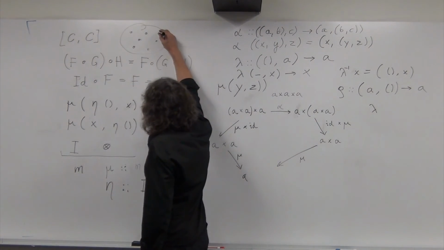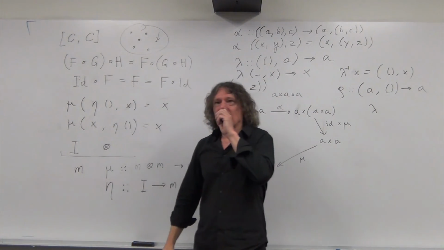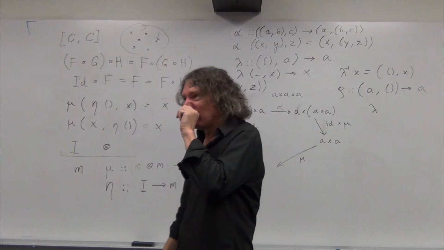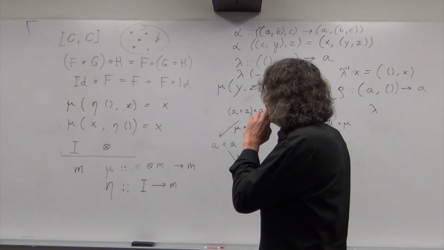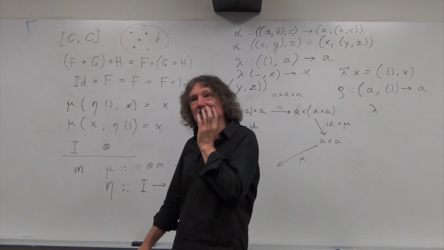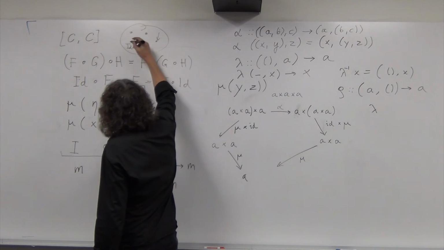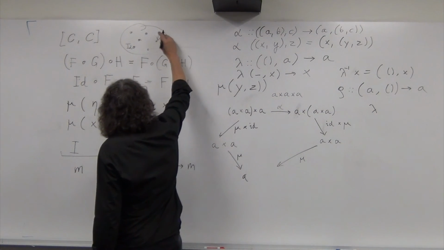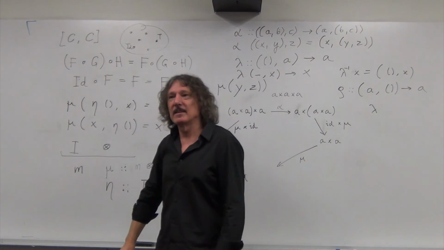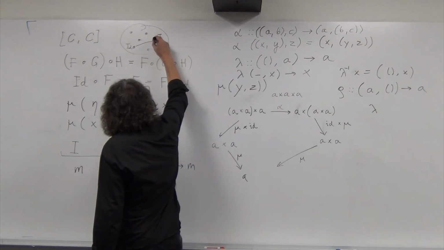Now we can pick one object here, which is one particular endofunctor, and we can define a morphism in the category of endofunctors from ID, and this is our T. Let's call it T, okay? This one endofunctor that we picked. So we have a morphism from ID to T.